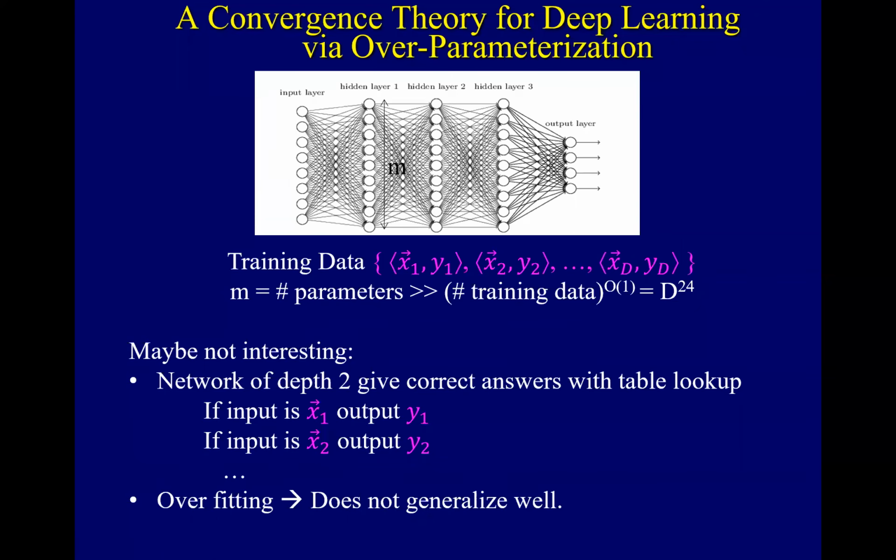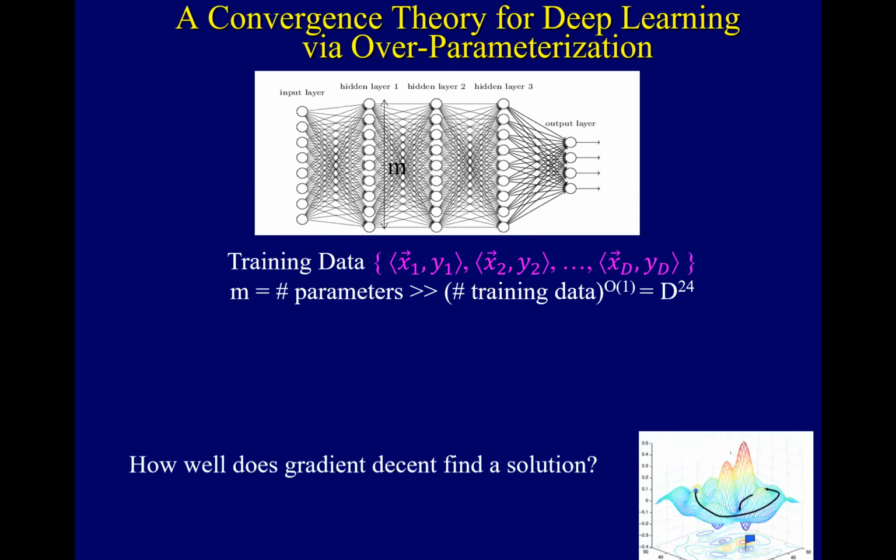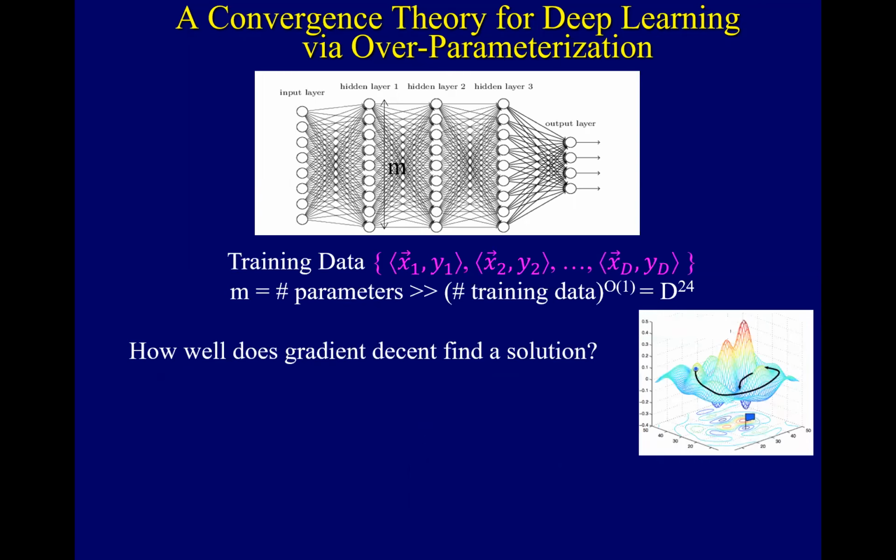So I have read a couple papers on generalizing, and not that much is known, but at the end I have some thoughts about that. So what are we doing? We're asking about gradient descent. How well does it do, right?